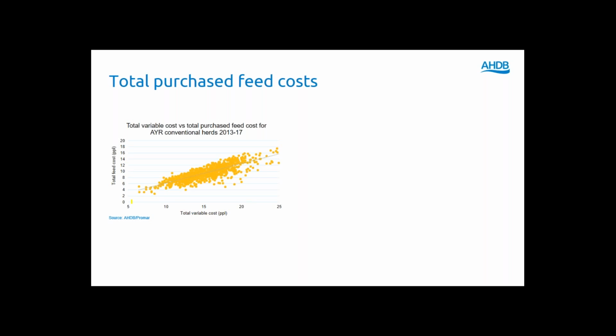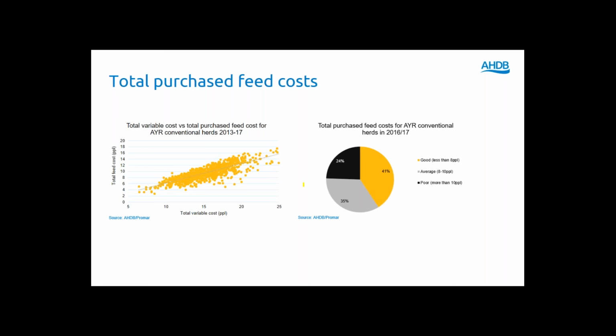If you correlate those two things, it shows a very strong correlation between high feed costs and high variable costs. No surprise there, but you can see that strong relationship. So feed cost is obviously quite a high proportion of the total variable costs, but you can see there is some variation.